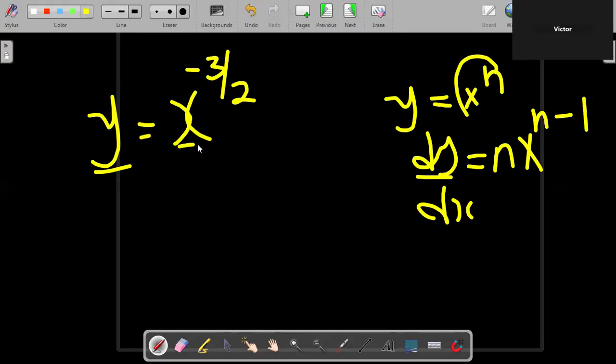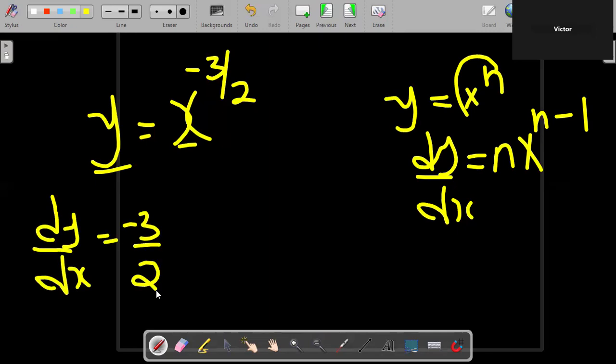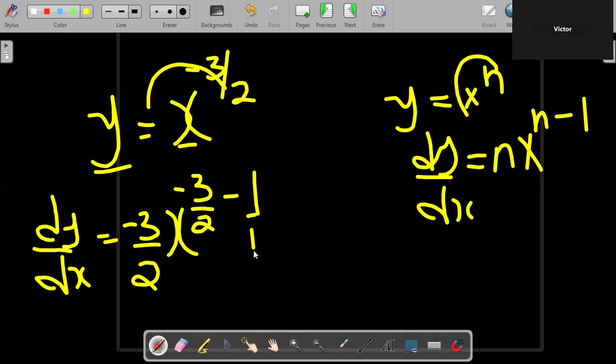So this is y versus x. I'm going to have the dy/dx now to be minus 3 over 2. I'm bringing this one down. I'll write my x to the minus 3 over 2 minus 1. You see it? So x over 1, like I said, you take the LCM at the power.